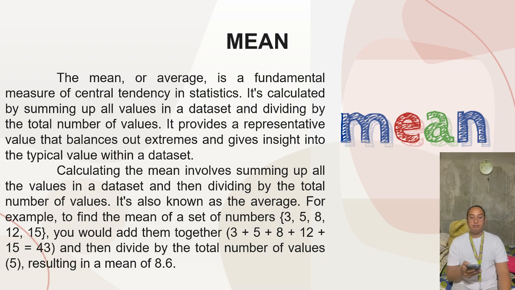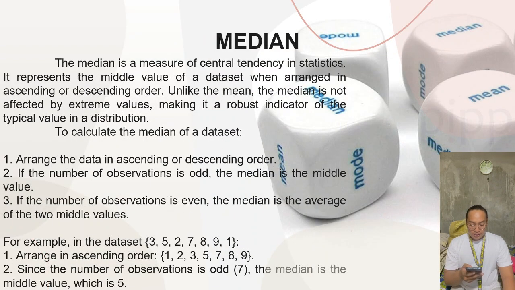Number 6, median. The median is a measure of central tendency in statistics. It represents the middle value of the dataset when arranged in ascending or descending order.